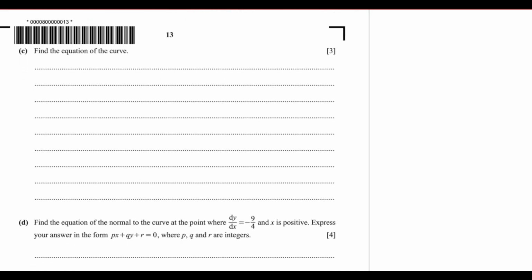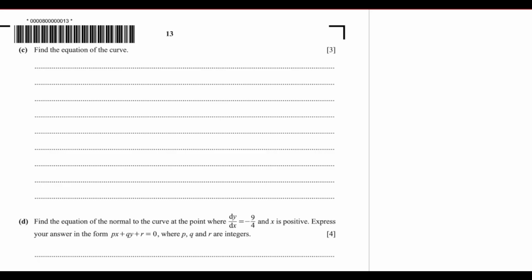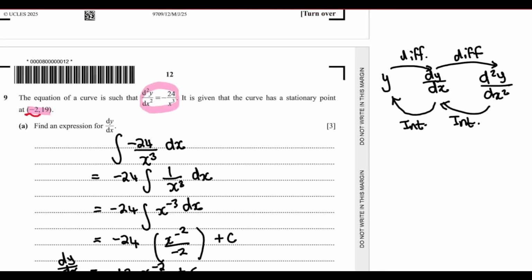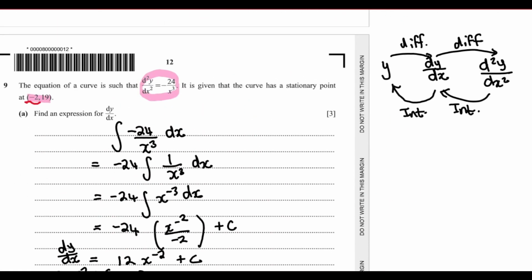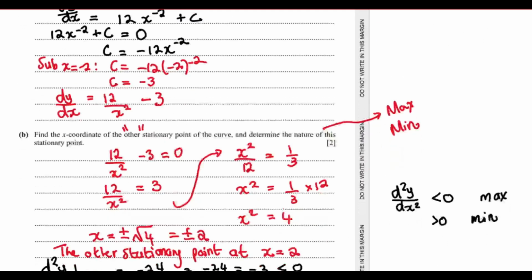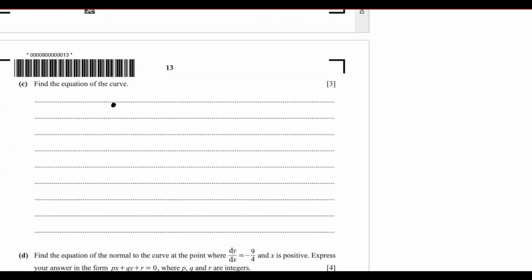Okay, part C. Now we need to find the equation of the curve, as in, we need the original y. Now, like earlier, I said to go from dy/dx to y, we need to integrate again. So dy/dx we found is 12 over x squared minus 3.